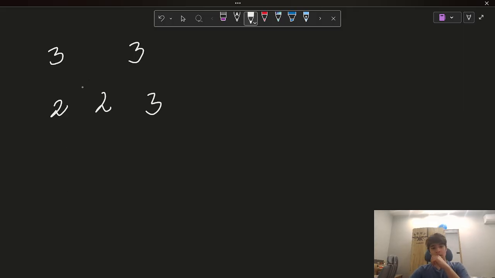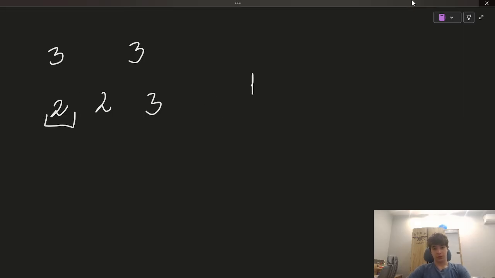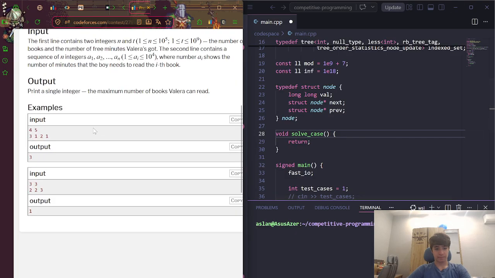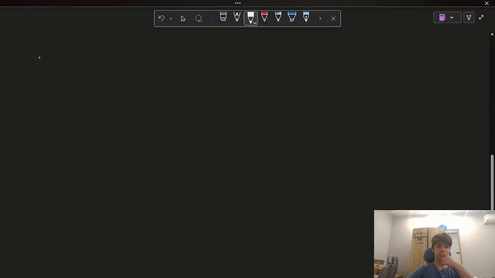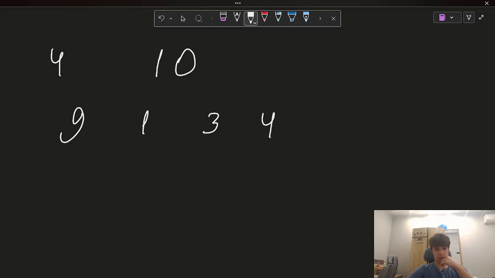Okay, but we have 3 minutes, and I could read only this book, only this book, only this book. And of course we choose the smallest one, mainly it's 10 because it's 1, and I hope it is. Okay, let's try another one. 4, 10, 9, 1, 3, 4.